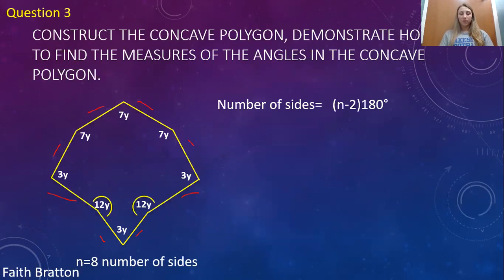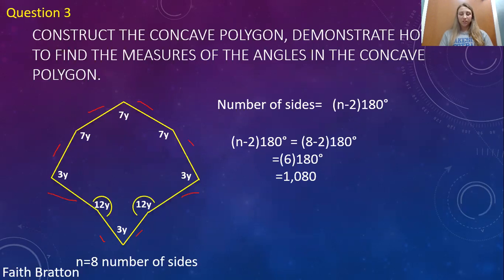We were given that equation, so now we can substitute n into it. N minus 2 times 180: we substitute n equals 8, which is the number of sides. So we get 8 minus 2, which is 6, times 180. We get 1,080.